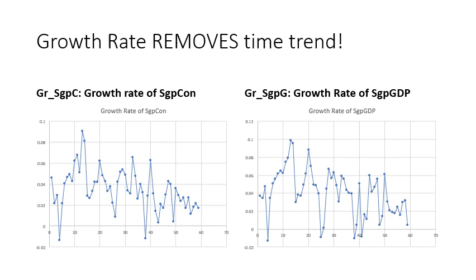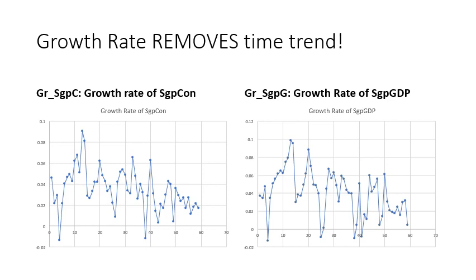This time, looking at the growth rates, we do get rid of the time trend. If you look at the growth rate of the Singaporean consumption, it fluctuates up and down randomly. And similarly, the growth rate of Singaporean GDP also fluctuates up and down randomly. So the time trend has been removed.